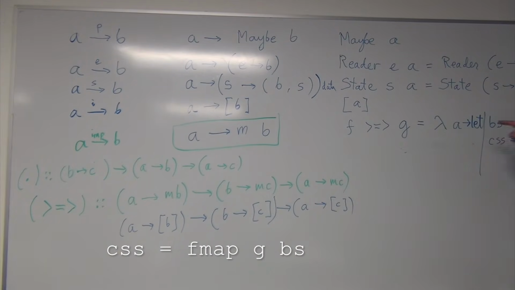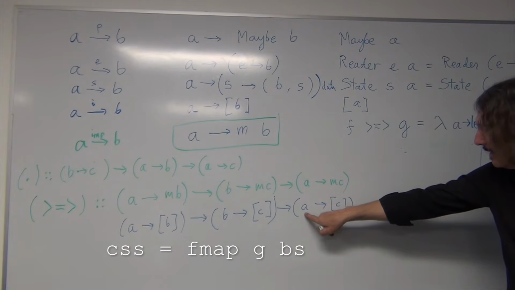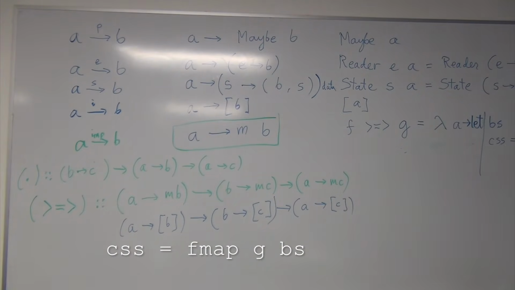But our function that we are constructing is supposed to take A into a list of C's. And we don't have a list of C's, we have a list of lists of C's. Join. Okay, I'm not going to talk about join yet. I'll mention it later. But there is a function called concat. Is that one generic?